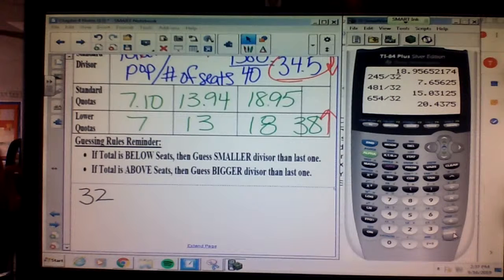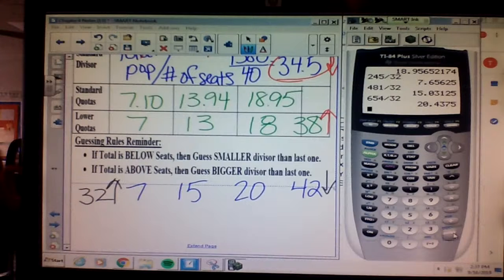We just need lower quotas now. So 7.65 is 7, 15, and 20. Okay, we're now at 42.